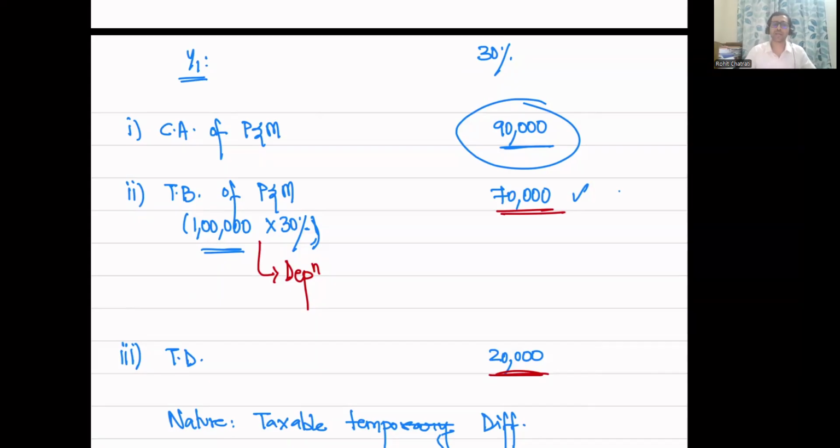In both the accounting and the tax books, I started with a cost of 1 lakh. In accounting, I charged depreciation of 10,000, but in tax, I charged depreciation of 30,000, as a result of which I have a temporary difference of 20,000 which has arisen as a result of depreciation.